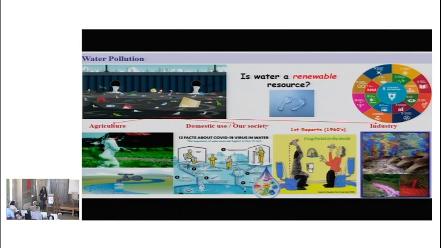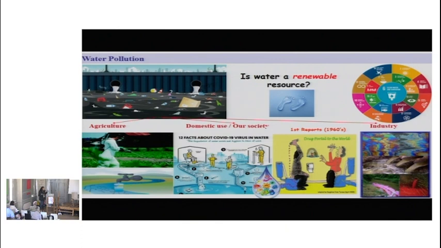We just cannot use water and then discharge it to the environment, because it has much more implications than we think. This is also why the United Nations has considered this sustainable development goal to provide clean water and sanitation to everybody. The reason for this is not only the big objects that you can see in here, it's because of all the activities that we develop in our daily life.